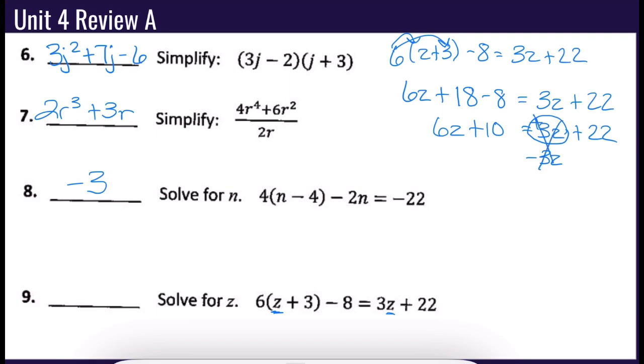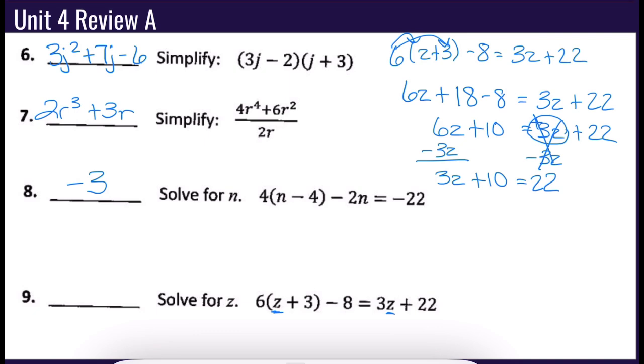But if I subtract 3z on one side, I have to subtract 3z on the other. So 6z minus 3z gives me 3z. That plus 10 just comes straight down, and that 22 just comes straight down. And now I'm back to a 2-step equation.